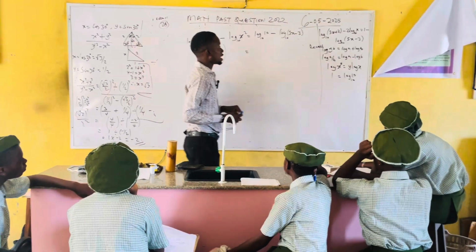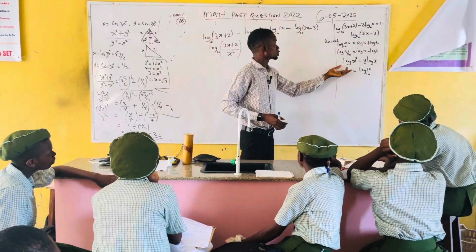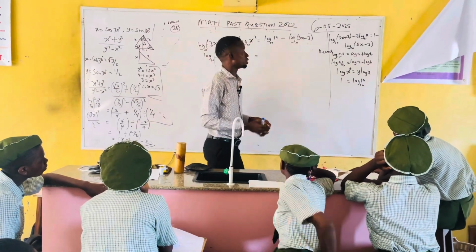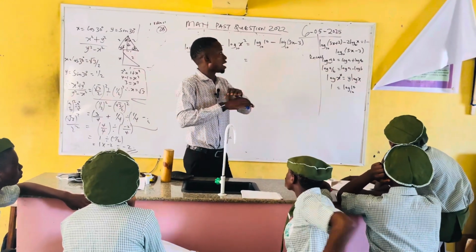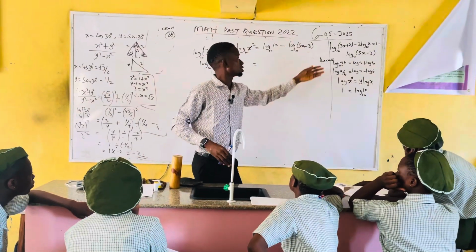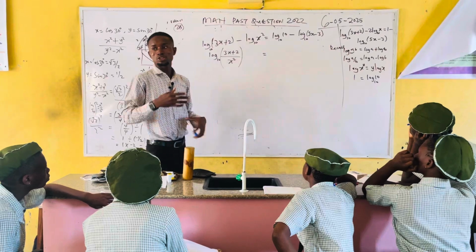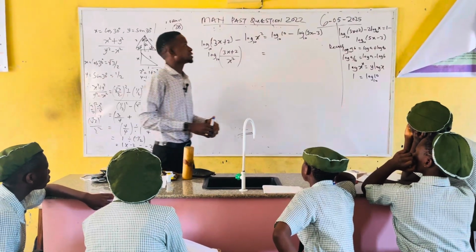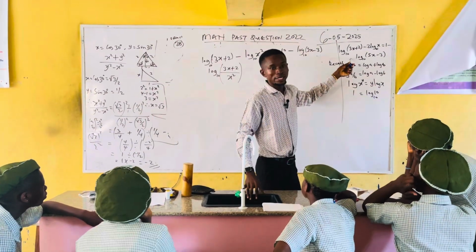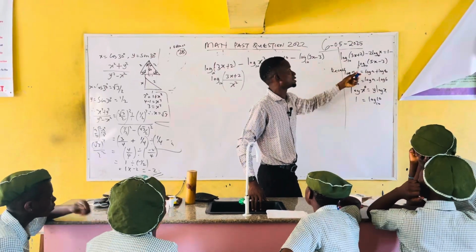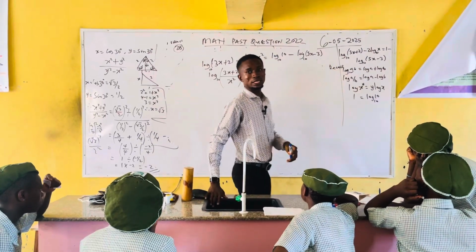We want to write our 1 in terms of log so that we can have everything as log, not number and log. There's no way you can solve otherwise. So you need to change your number to log, and before you can change, you have to inspect the base. Since the base is 10, you need to also change that to 10.